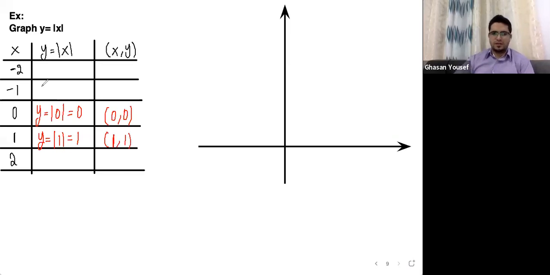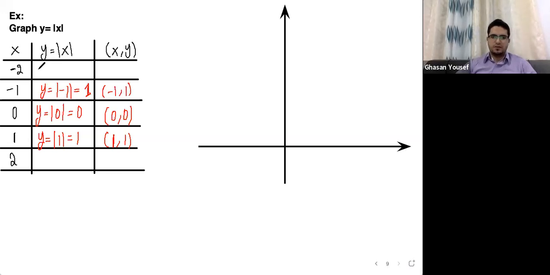What's the absolute value of -1? When I plug the -1 inside the absolute value, what do I get? Aziza said 1. This is correct, because like I said before, the absolute value changes the negative to positive, and the positive stays positive. So here I get (-1, 1).